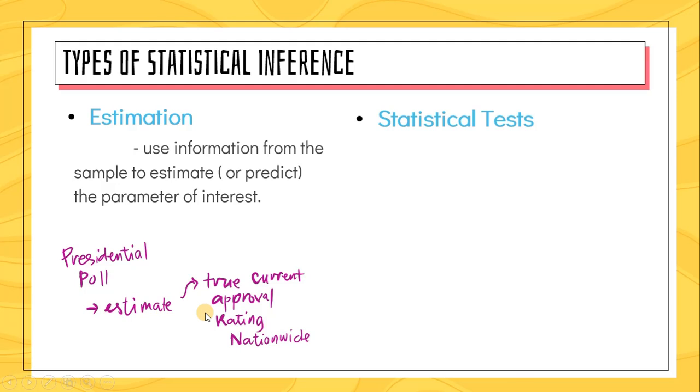So here, let's start with the correct decisions first. If the null hypothesis is incorrect or false, and we rejected the null, we made a correct decision because it's false. And if the null is true and we do not reject it, then it is correct.